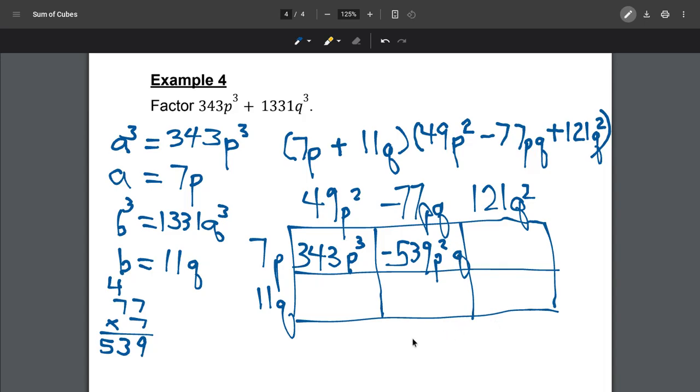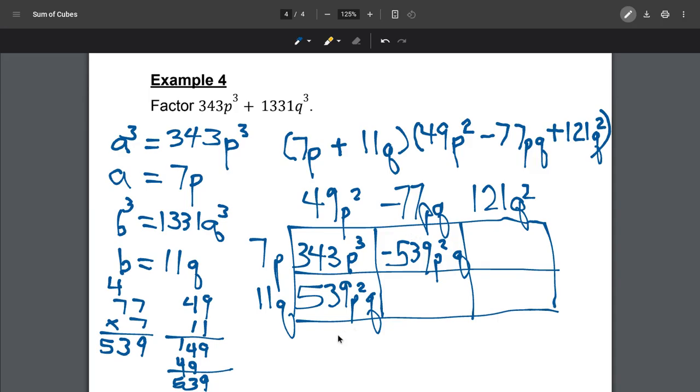Okay, and then 49 times 11 should also be that, 539. So positive 539p squared q.